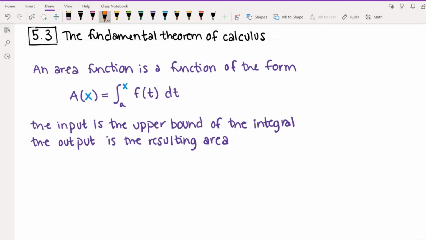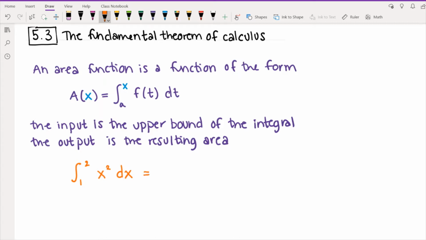T, on the other hand, is just the variable of the function that we're integrating. This is something that maybe I should have emphasized: when you're doing an integral, it doesn't matter what variable you actually use. I'll write this as a side note. For example, the integral from 1 to 2 of x squared dx means the area bounded by the function f of x equals x squared and the x-axis between 1 and 2.